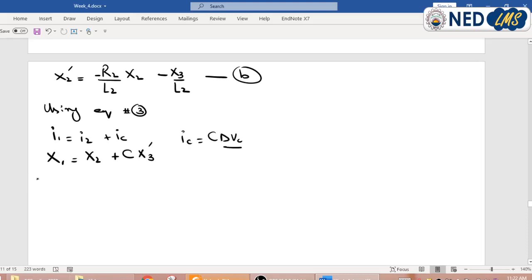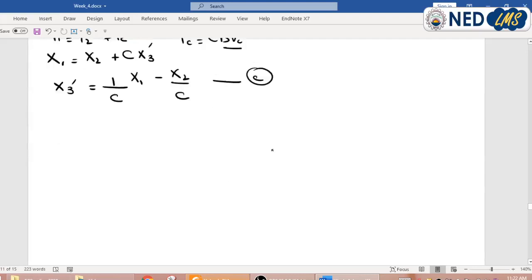So I can evaluate x3 dash by rearranging this equation, and this becomes 1 over C x1 minus x2 over C. This is my third state equation.